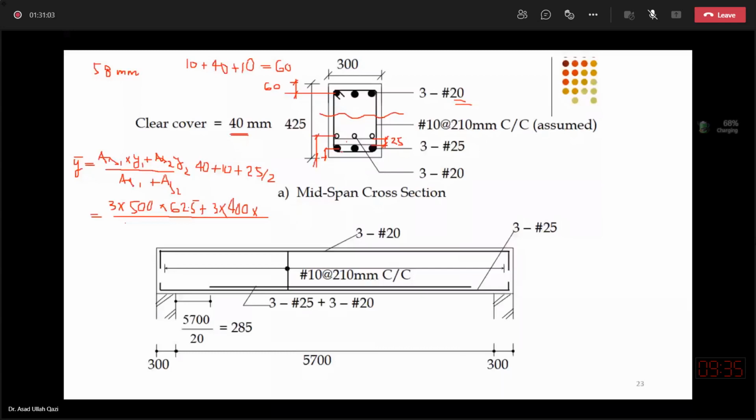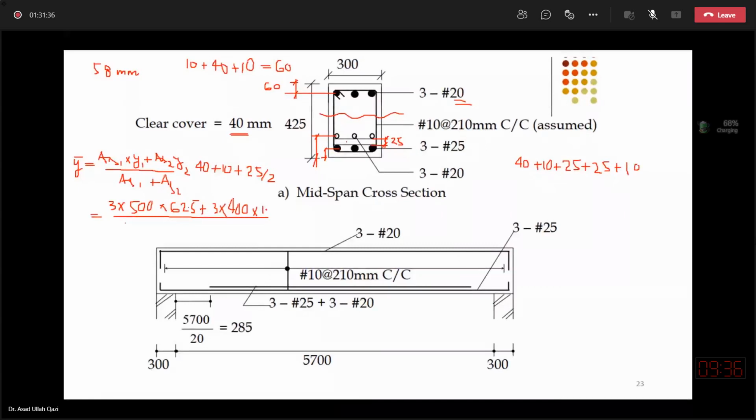So 40 plus 10 plus 25 plus 25 plus half of 20, it is 10. So it is 50, 60, 70, 75, 100, 110. Agreed?